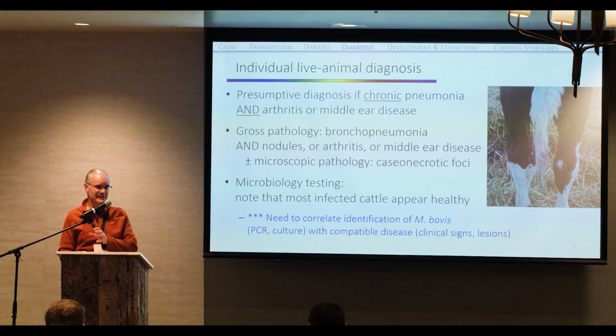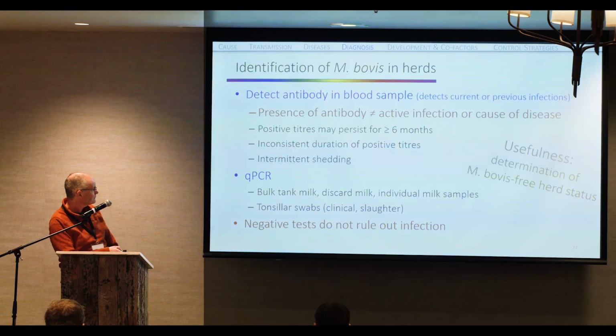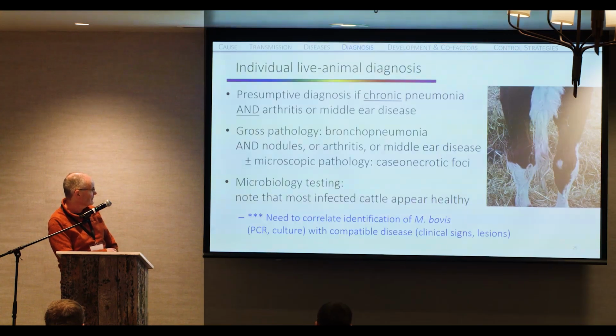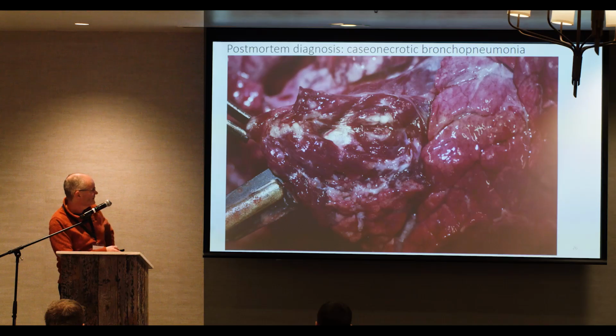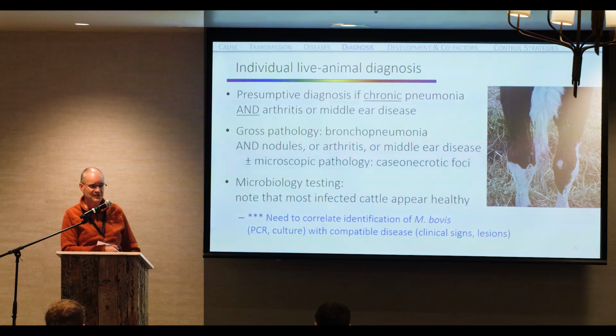For me, that's really the focus of my research, is how to explain that in a group of animals in which there is Mycoplasma bovis present, by far the majority of those infected calves will appear clinically healthy. So the implication of that is just because you grow Mycoplasma bovis from a tissue does not mean that's responsible for the disease.